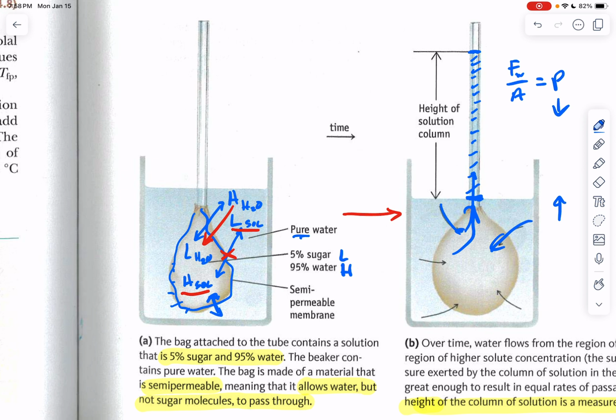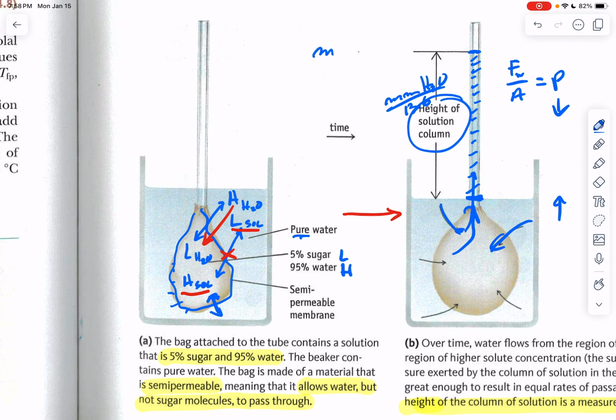And the way we measure the osmotic pressure is to measure the height of this column, again, in millimeters of water, which can be converted into millimeters of mercury by dividing by 13.6, because mercury is 13.6 times denser than water, and that gives us millimeters of mercury.